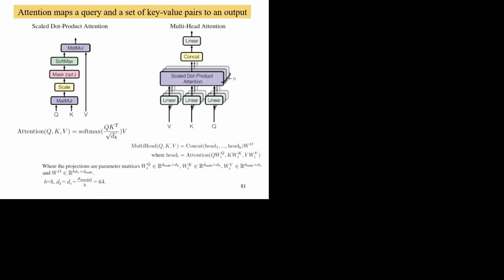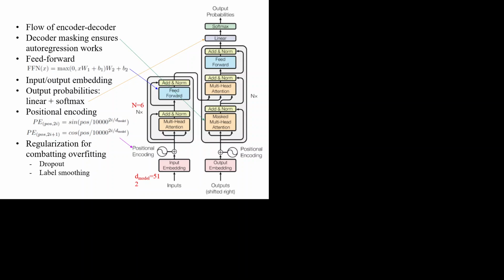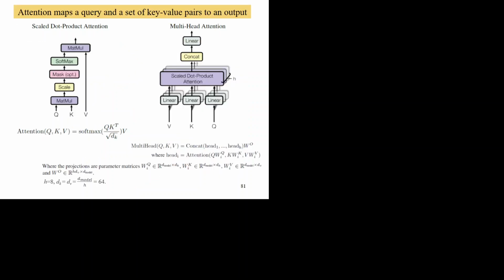But they propose, as you can see in their figure here, multi-head attention. Multi-head means I can have multiple heads. Each head can perform the attention calculation with its own random weights. In this case, multi-head means I will perform the attention mechanism several times.